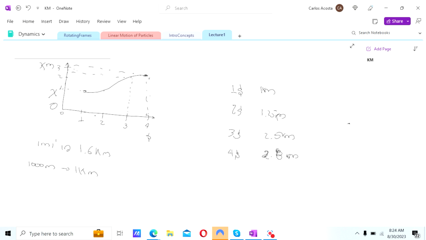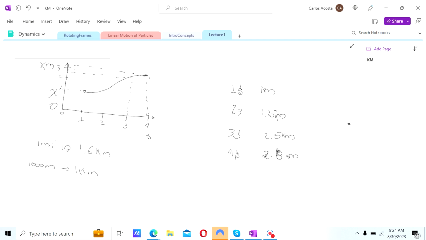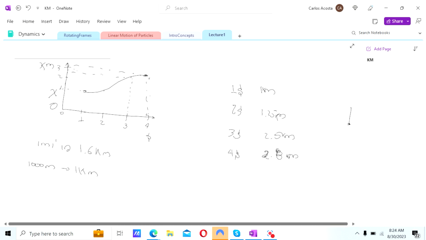This has to be a very, very fast jet or something. But anyway, regardless of what system can do that, some alien ship, whatever, from San Antonio in 1 second, we moved 1 kilometer in some direction. North could be 1 kilometer.